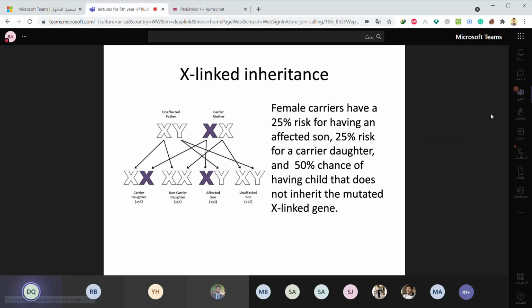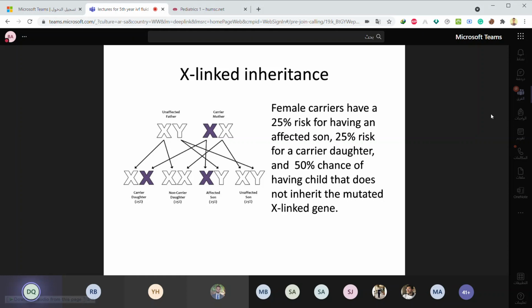If the mom is a carrier, she has one X affected and the other X normal. So she will have one carrier female, one normal female, one affected male, because he has only one X and the X is dominant over the Y, and one healthy male.